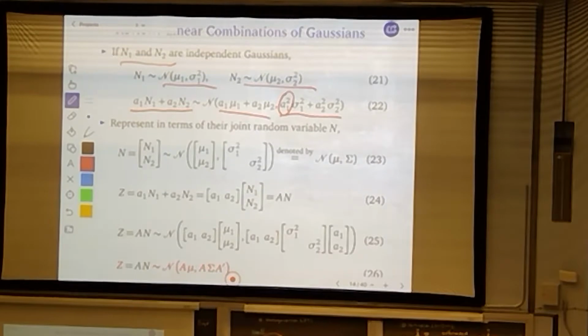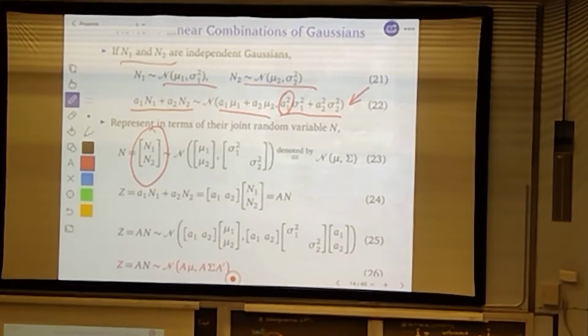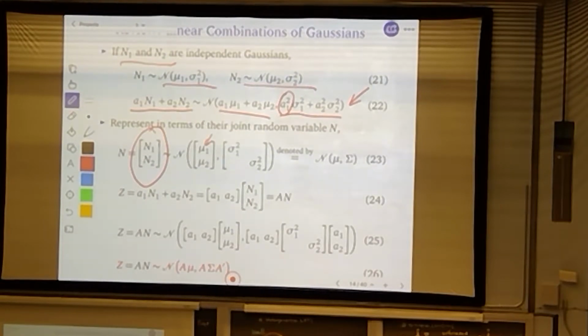So let's write this out in terms of matrix algebra. If I represent these two as a joint random variable, then the mean is just mu1, mu2, right? One for N1, one for N2. The sigma1, sigma2 is their variance.